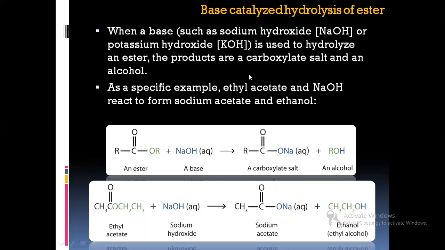So this base-catalyzed hydrolysis is your saponification process. Here you have an ester and a base resulting in the formation of an alcohol and a carboxylate salt. As an example, we have taken ethyl acetate and the base sodium hydroxide, and you get sodium acetate, which is the soap, and ethanol as the other byproduct.